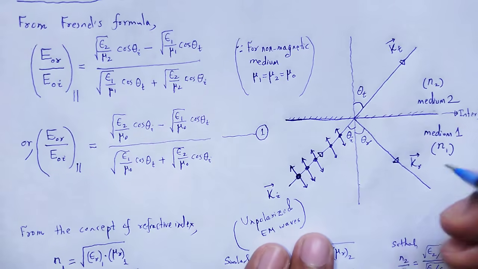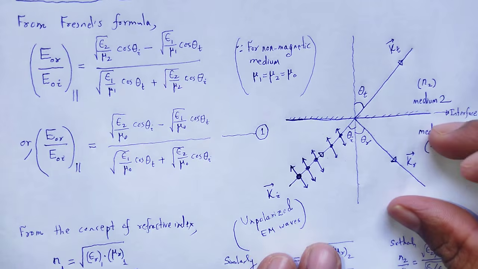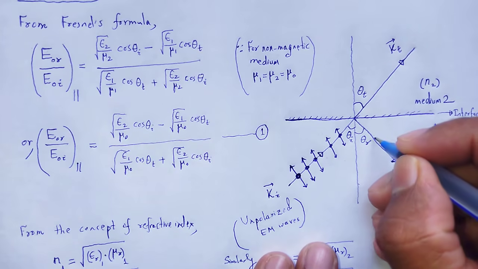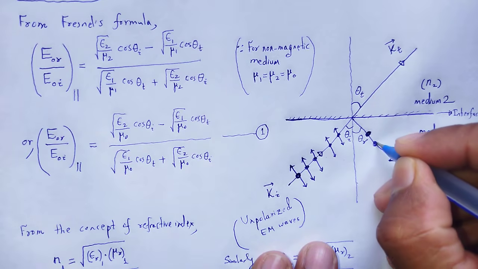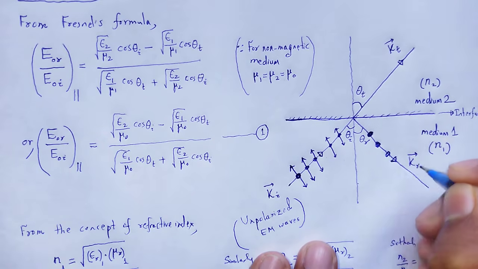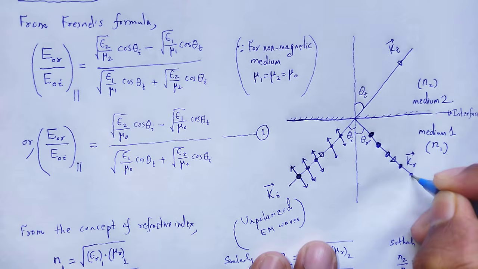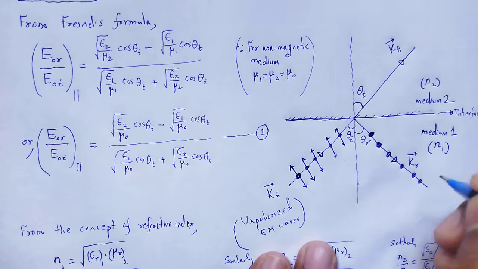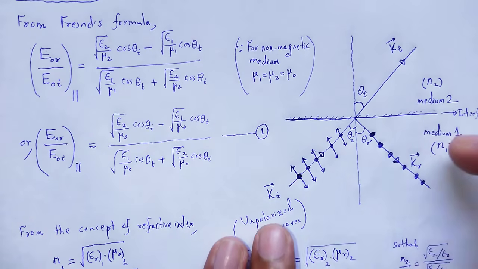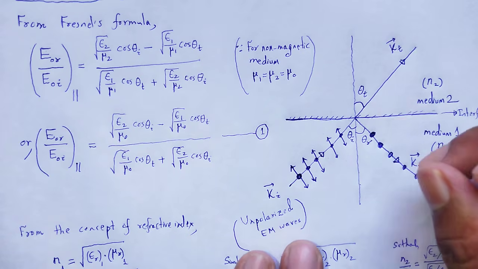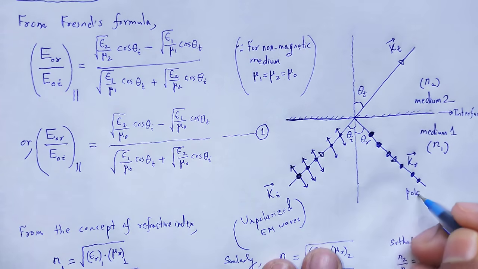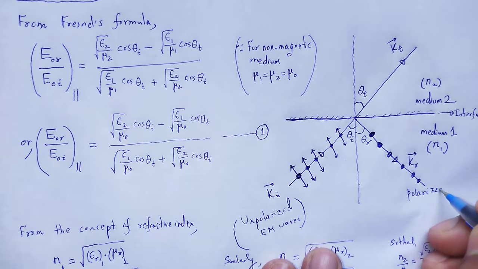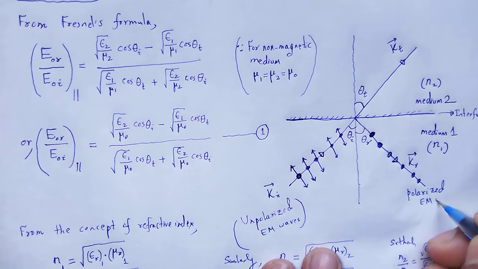So, in the reflected wave we obtain the component of electric field perpendicular to the plane of incidence. Here we obtain polarized EM waves.